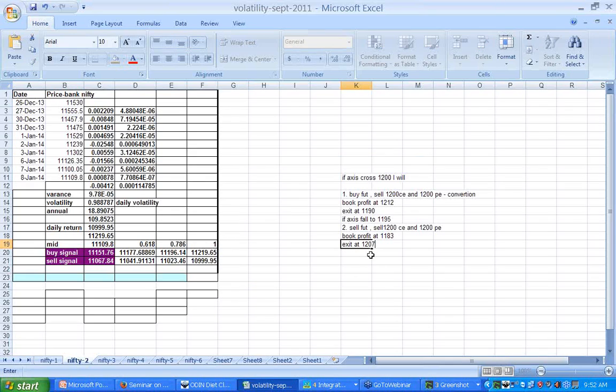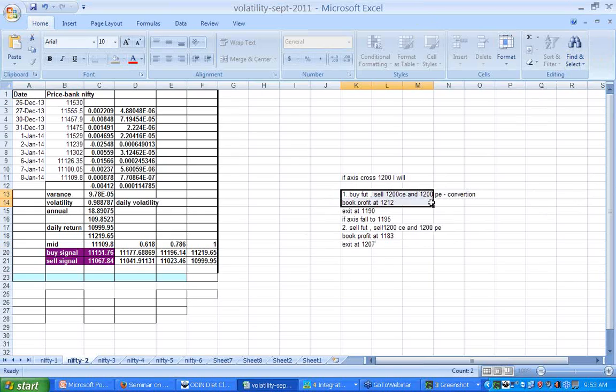Why we are forming the conversion strategy? One of the beautiful strategy for intraday you can take because of this high implied volatility condition. Conversion strategy, because this implied volatility is too high, it is definitely going to die down, or it is going to shrink by 1 or 2% in this trading session. So it is a too high difference it is maintaining.